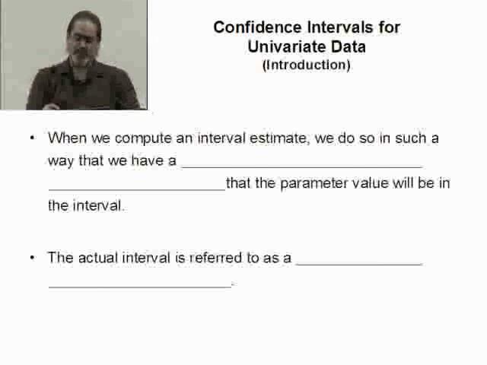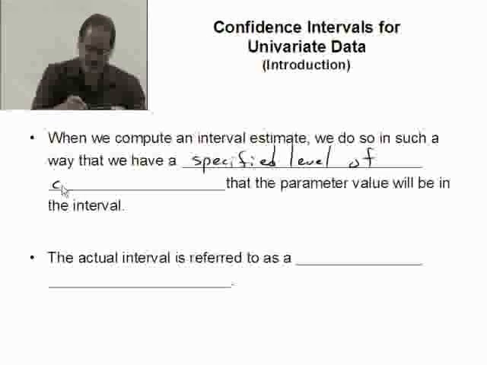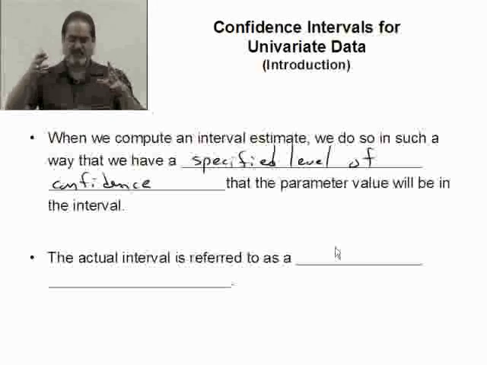Now, when we compute an interval estimate, we do so in such a way that we have a specified level of confidence that the parameter value is actually going to be in that interval.